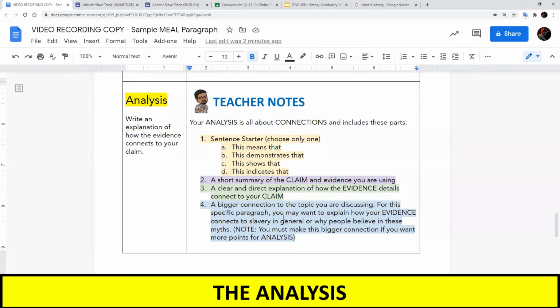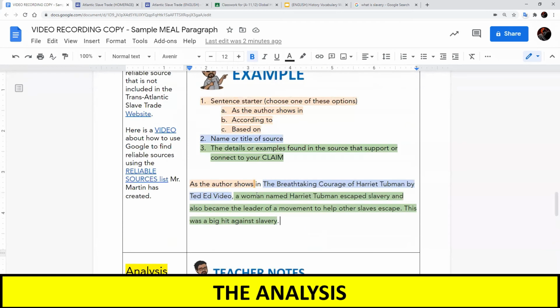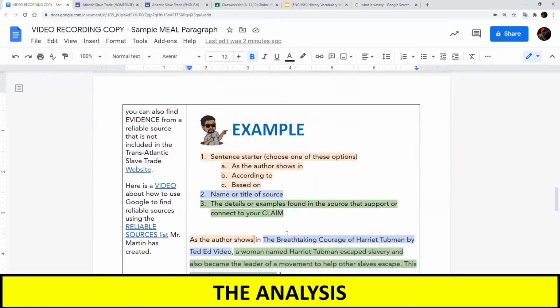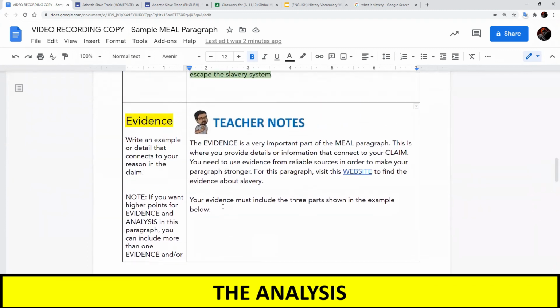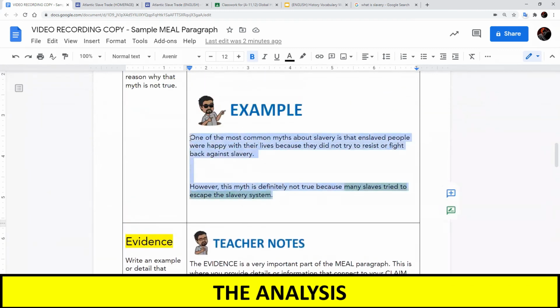Okay. Now, analysis really comes down to connections. Your analysis is basically an explanation of how things connect to one another. Specifically, when you're writing a meal paragraph, analysis is how your evidence, which is this right here, connects to the claim you wrote, which is this right here, right?